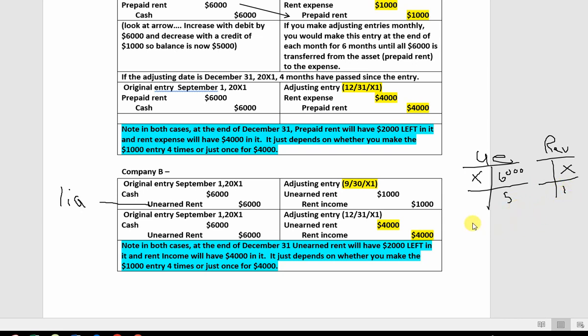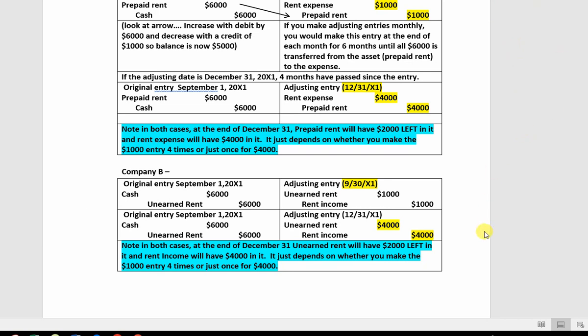That's $6,000. At the end of the next month, I take out another 1,000 and put it in there. Next month, I take out 1,000, etc. I'm simply moving them over from the unearned to the revenue as it's earned. At the end of 4 months, I'll have 2,000 left in unearned rent and 4,000 in rent income. So that's all I'm doing in adjusting entries.